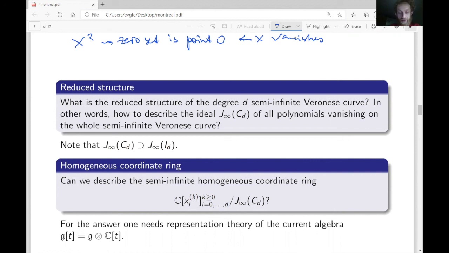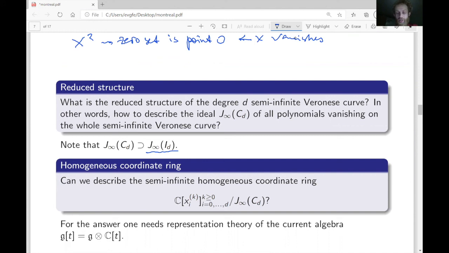So what we have is the J infinity of ID. And so this is the arc ideal of our ID, but the actual vanishing ideal can be larger and actually is larger. And why do we care?